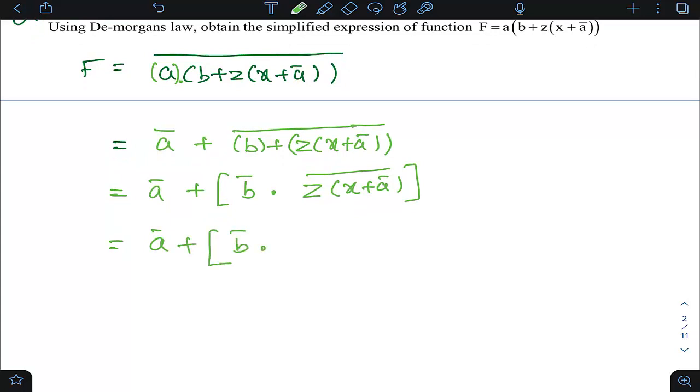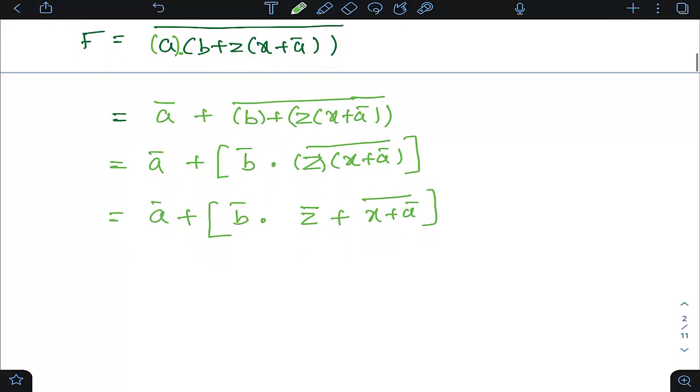If you simplify this, it is Z bar. This is one variable, this is the other variable. So the complement of the first variable is Z bar. This dot will be replaced by plus, and this is X plus A bar whole complement. So it is A bar plus B bar dot Z bar plus this.